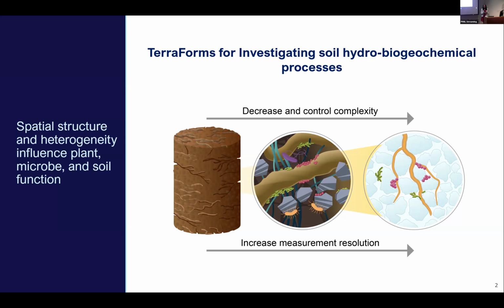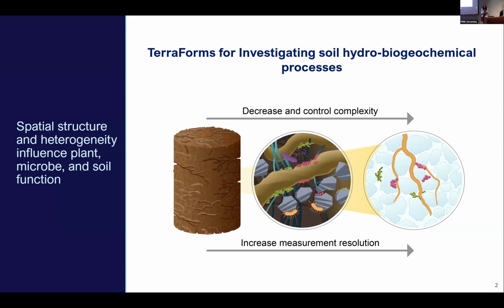Some of the things that we can reproduce in these platforms are soil aggregate morphology, soil porosity, and mineralogy. We can grow plant roots and study rhizosphere processes. We can add microbes, organic matter, and nutrients.